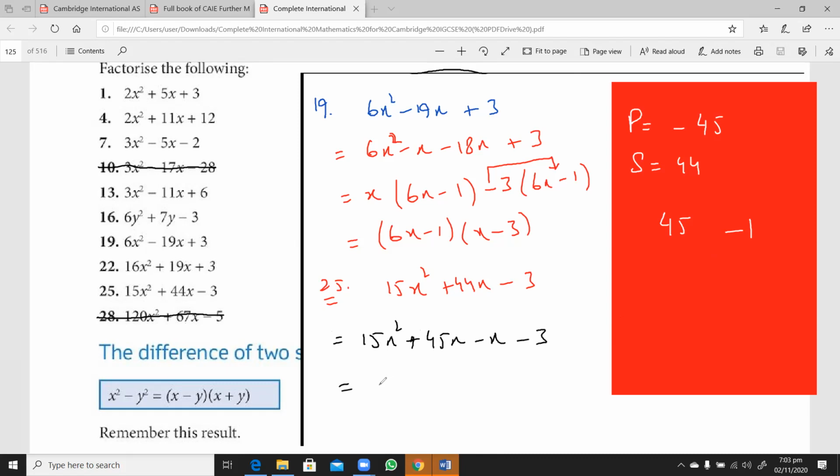So this is 15x, x common, plus 3, and x plus 3. And this is x plus 3. So when you see nothing over here, that means there is a 1, okay? So that is how you do this middle term breaking. Okay, guys. Now this ends our middle term breaking here.